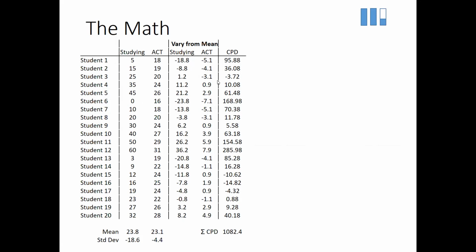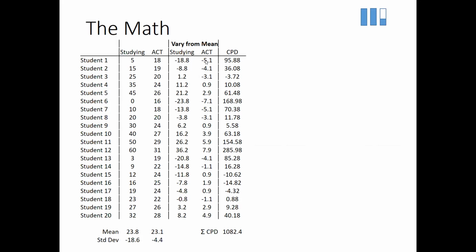Well, you may be wondering, what is this CPD? It's not my favorite TV show on NBC, which is Chicago PD. It is cross-product deviation. Cross-product deviation is probably the phrase with most syllables that's not naturally germane to our everyday life that I'm going to say this week. So cross-product deviation.